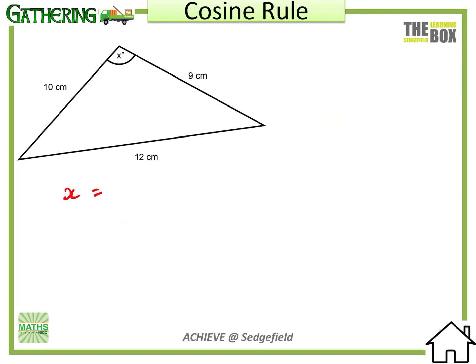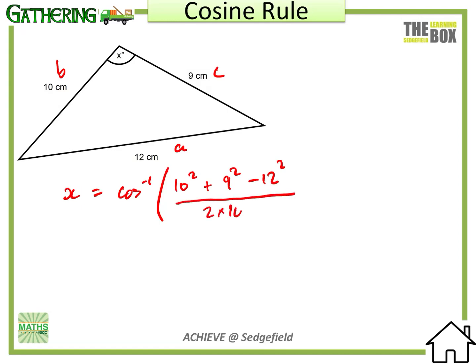Okay, so you're going to say x is equal to shift cosine of, and b and c have got to be this and this one. A has to be the one opposite the angle we're trying to find. So 10 squared plus 9 squared minus 12 squared over 2 times 10 times 9.